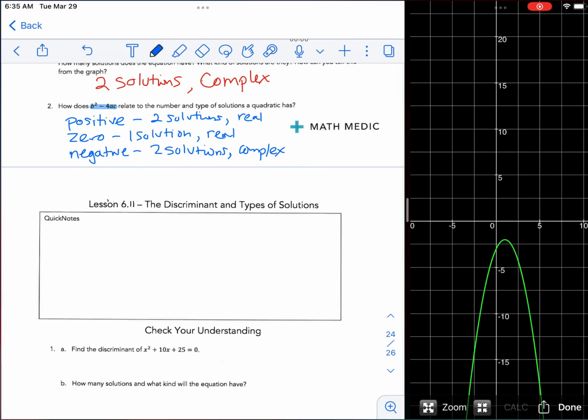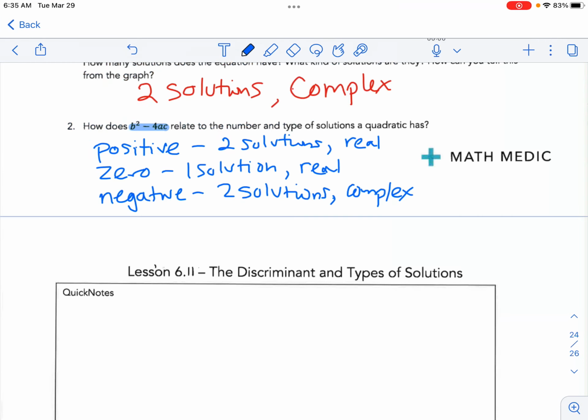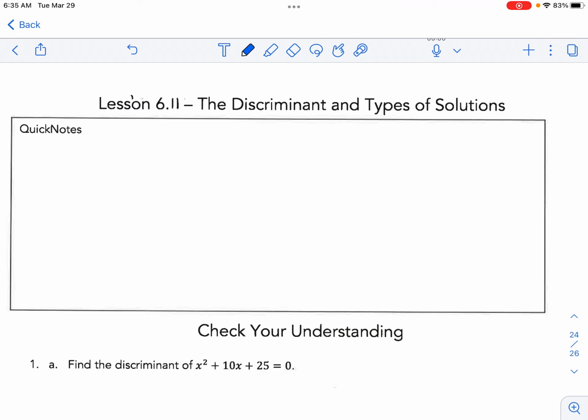Okay, so that allows us to answer quicker than calculating the entire quadratic formula. So our learning target then is that we are going to use this quadratic formula, right?